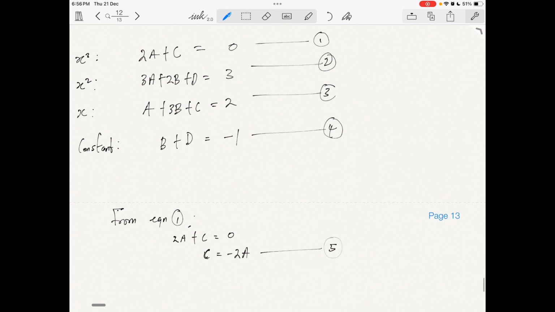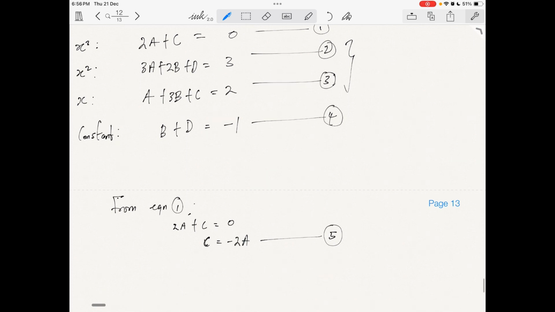The goal is to reduce equations 2 and 3 into 2 unknowns, in terms of a and b. So we make c the subject in equation 1, and we can also make d the subject in equation 4.